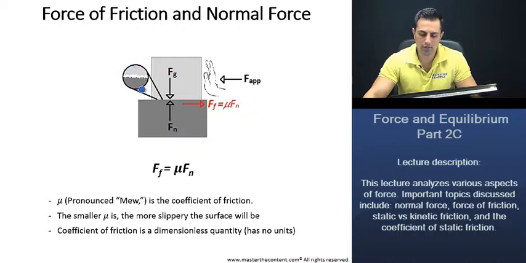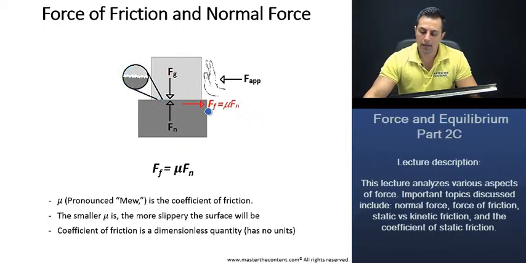Now, when there's a force applied and you're pushing this box to the left, these microscopic connections actually break and adhere. So they're breaking and adhering, and that's what is being demonstrated right here.